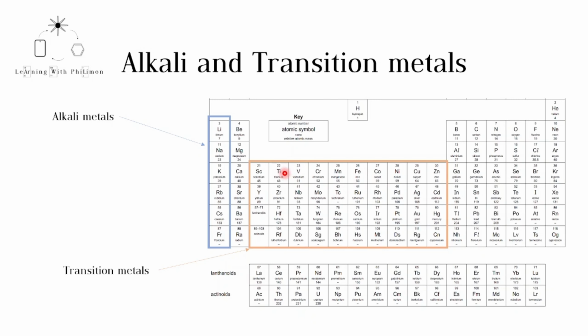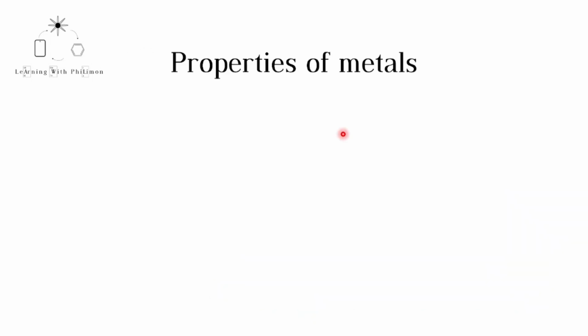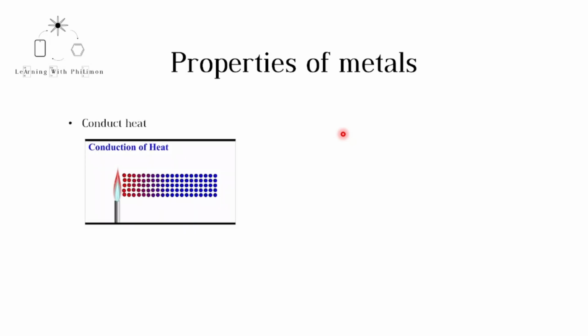Let's begin by discussing the properties that alkali metals and transition metals have in common. Most metals, alkali metals included, are conductors of heat and electricity. Heat conduction is when heat can be transferred from one side of a solid to another, as can be seen in this animation.